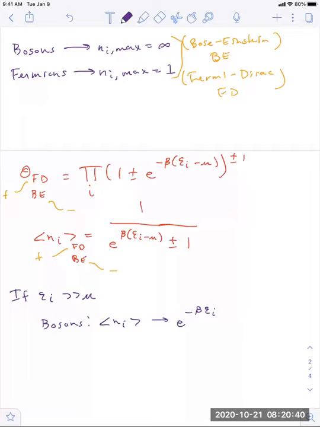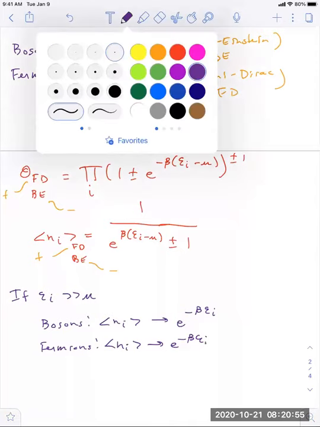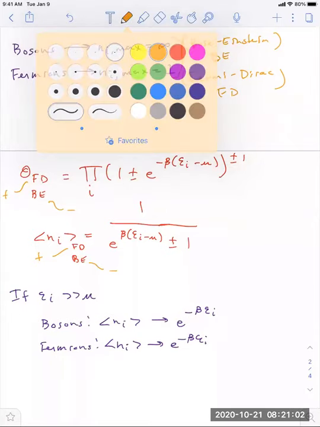I'd be plugging in a very large value for epsilon. We say that mu is effectively negligible, and then we get the Boltzmann factor. This is actually also the case for fermions. And so at sufficiently high energies, both of these distributions just behave like a Boltzmann distribution.